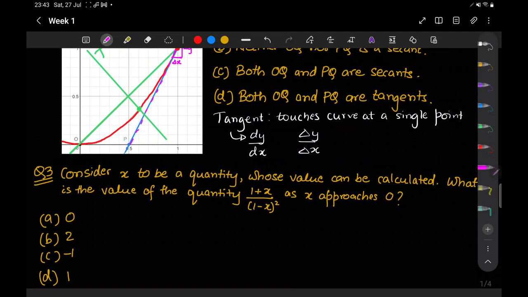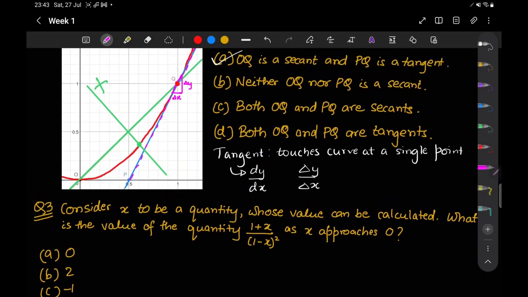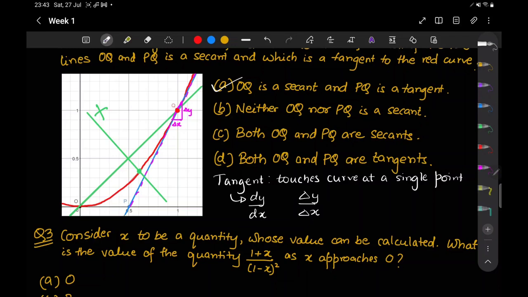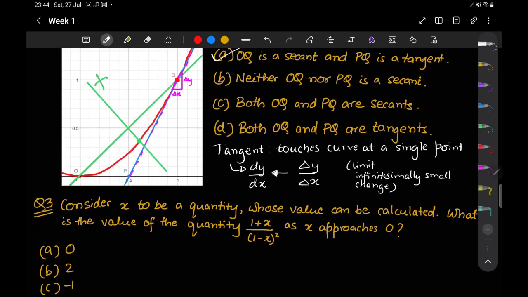So the next question is on limit. Again, I introduced limit in the previous one. Here also we will take the limit. Taking the limit means taking an infinitesimally small change, or an infinitesimally small neighborhood around the point Q. Similarly, this question is on limits.